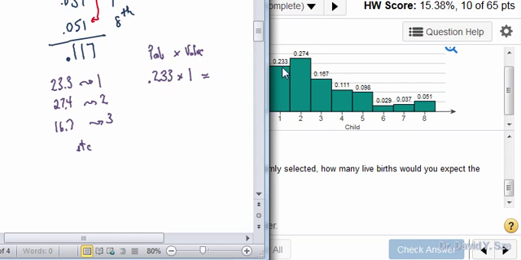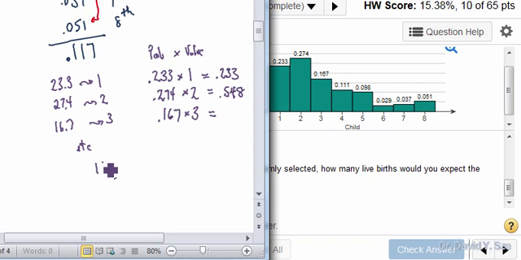The probability is 0.233. The value or the number of children is 1. The second one, the probability is 0.274, the value is 2. When we multiply that out, that's 0.548. Third one is 0.167 as the probability times 3.